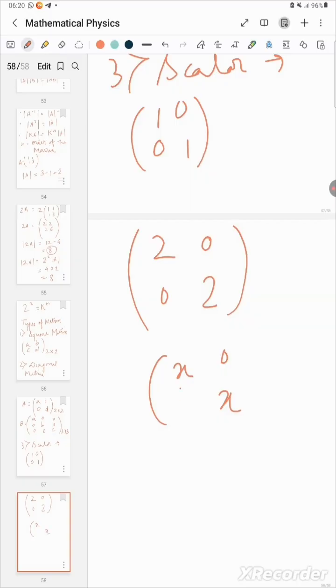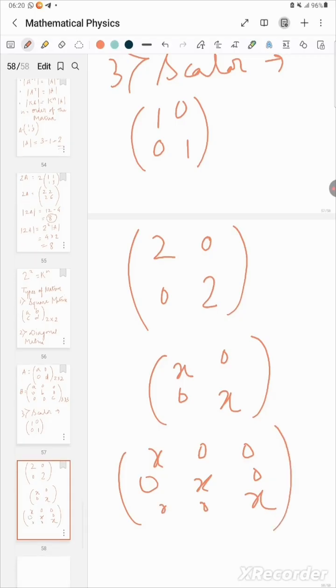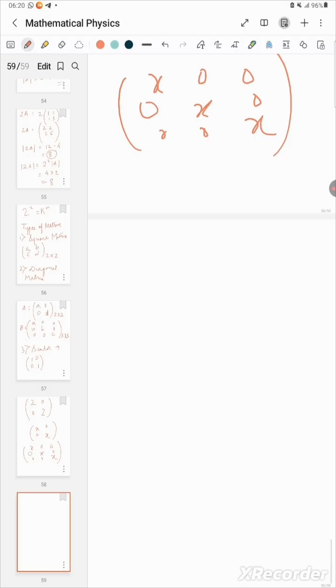X and X, rest all can be 0. So it should be X, X and X, and all the rest of the elements should be 0. So this is basically a scalar matrix. That is, here all the diagonal elements of the matrix are equal.